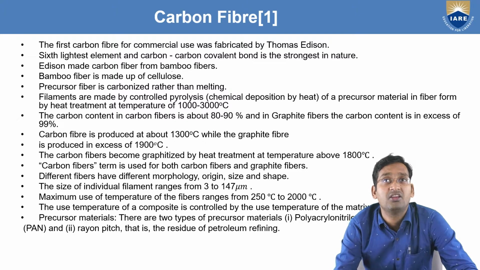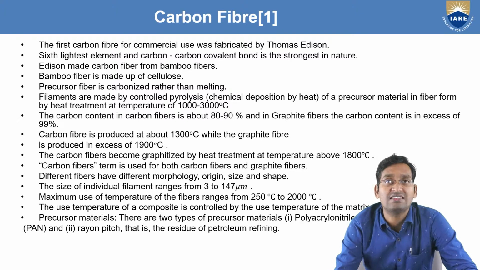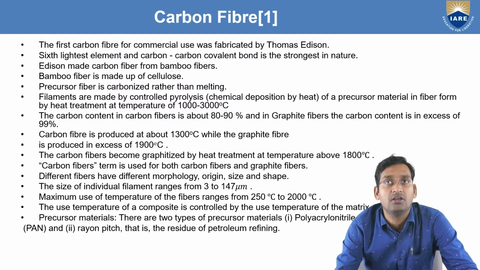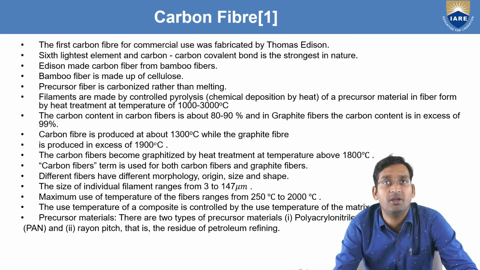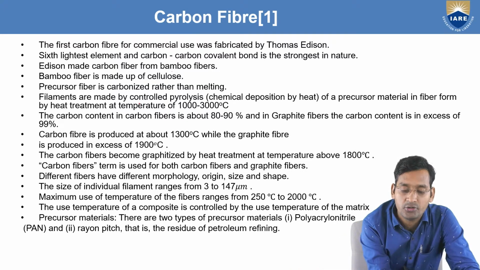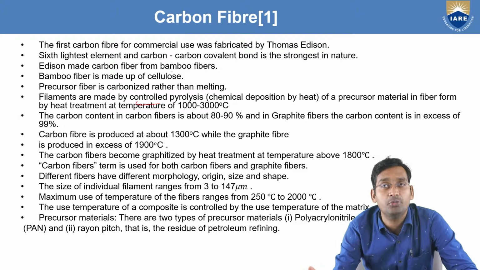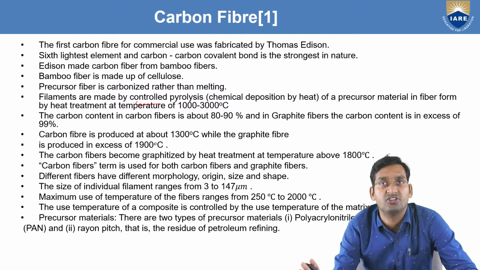Filaments are made by controlled pyrolysis. Pyrolysis is the method where we use heating. Controlled means it should be at the particular required condition, at a specific temperature only, and then it can be produced.